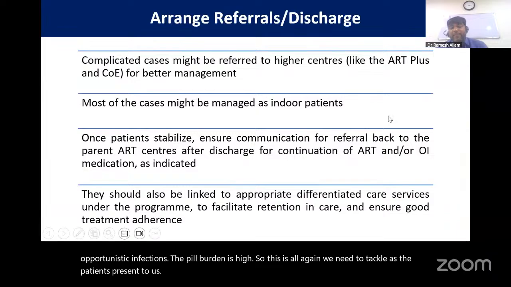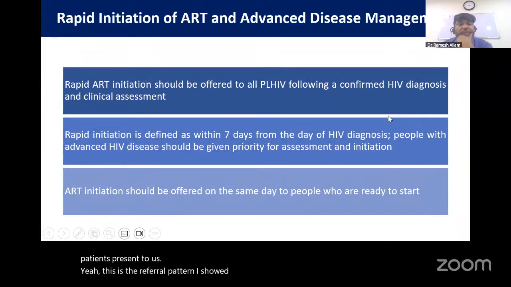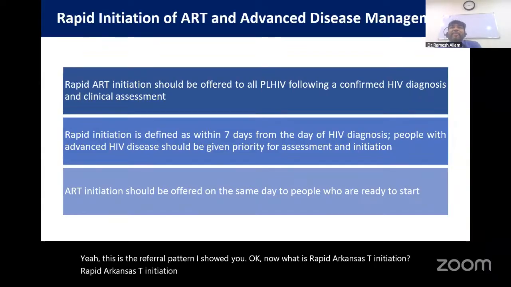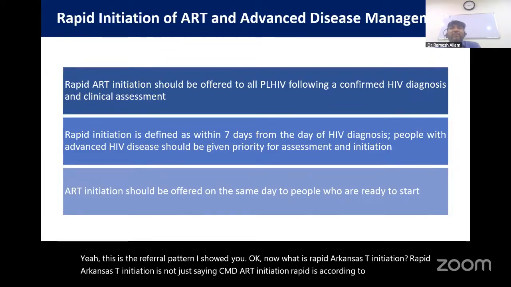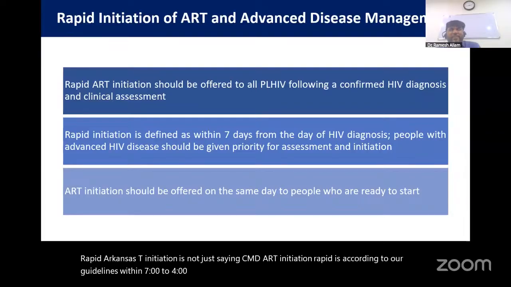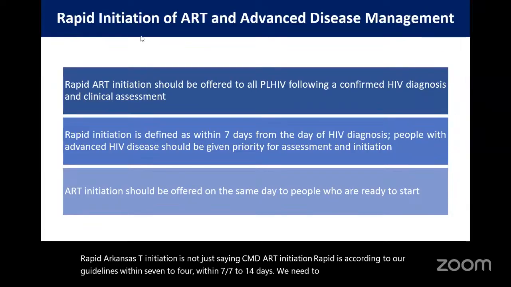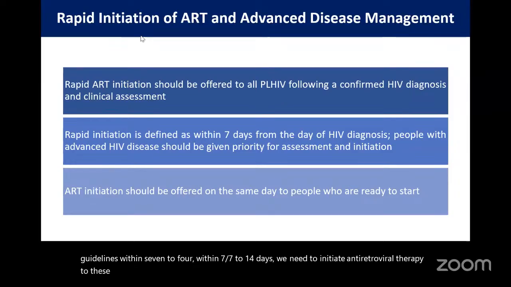Yeah, this is the referral pattern I showed you. Now, what is rapid ART initiation? Rapid ART initiation is not just saying same day ART initiation. Rapid, according to our guidelines, means within 7 to 14 days we need to initiate antiretroviral therapy to these patients, and this is going to improve the survival and outcomes.